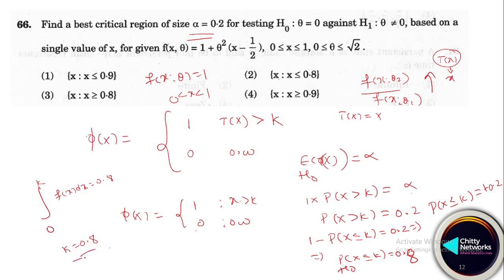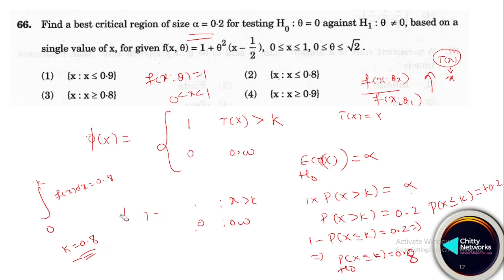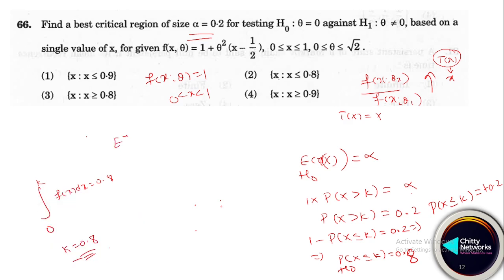And they are asking for the best critical region. So the power of the test is given by expectation of pi of x under H1. So this is nothing but the power of the test. Which one is having more power, that is the best critical region.